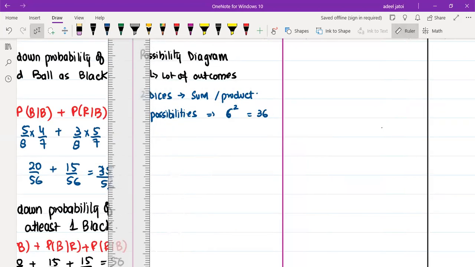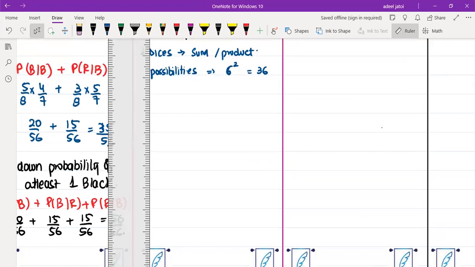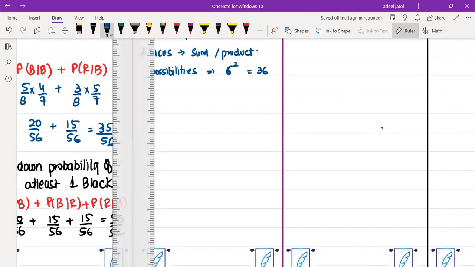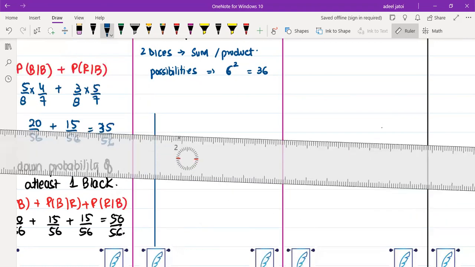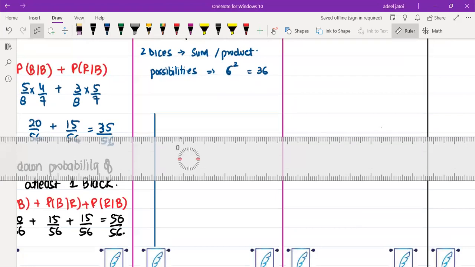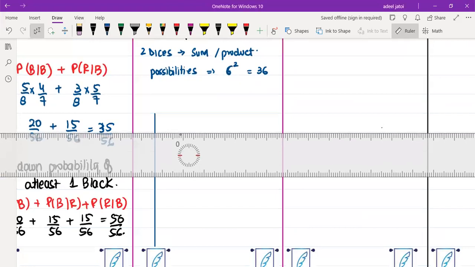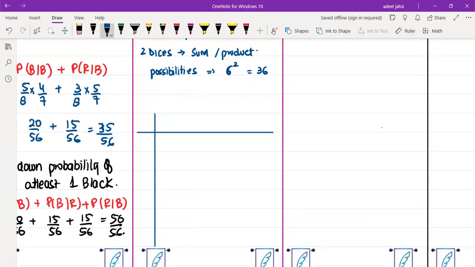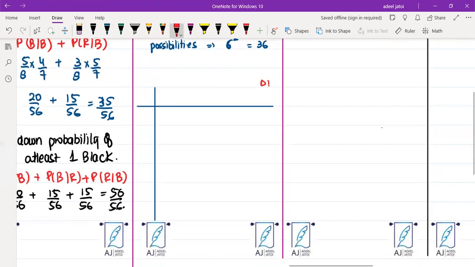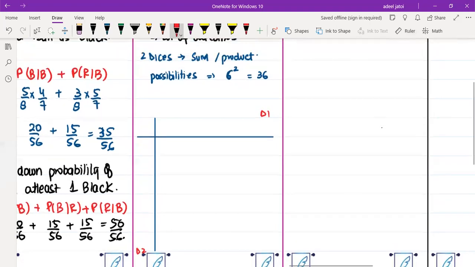So how do we solve 36 possibilities? We need to understand this. For this, we need a possibility diagram to represent it. Suppose the question wants the sum. For this sum, we will be adding all the possible outcomes of the dice. Let's say this represents D1, and this represents D2.